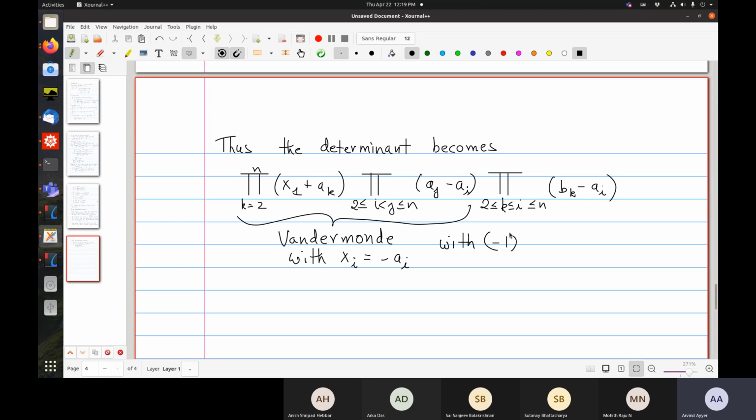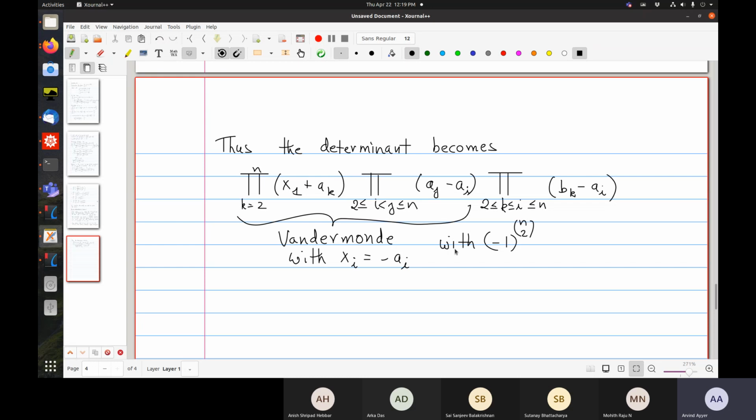Minus 1 to the however many terms we have here, which is, I think, 1 plus 2 all the way up to n minus 1, so that's n choose 2. Right?